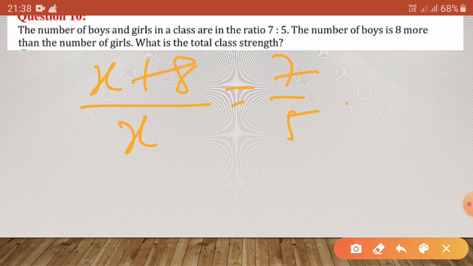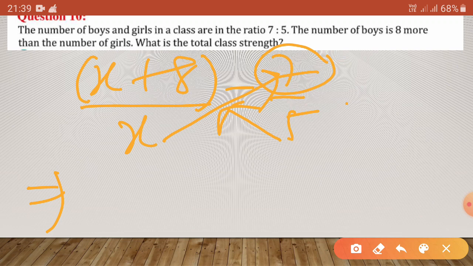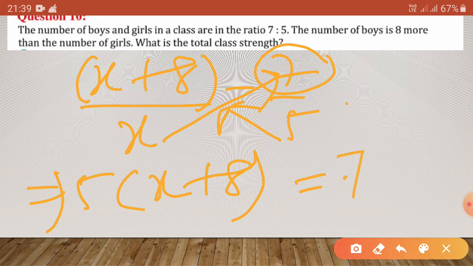Got it? Now we have already learned about cross multiplication, so we can multiply 5 to this part, and also multiply x to the upper part of the right hand side. So it gives us 5 into x plus 8 on the left side, and on the right side it is 7 into x, that means 7x.